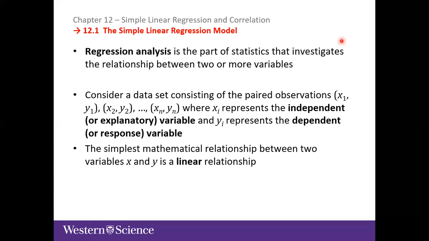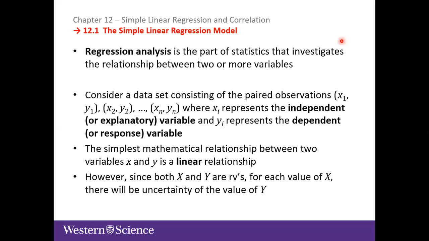Specifically, we're going to look at the linear relation between X and Y. It's important that both X and Y are indeed random variables, and we try to capture the uncertainty in those data, X and Y, as a part of this regression analysis. That's going to be the focus of this session.